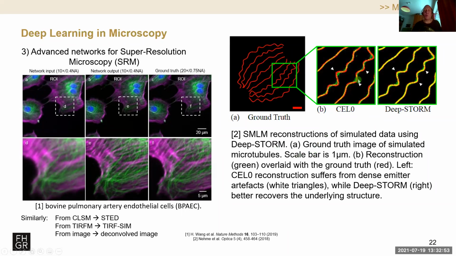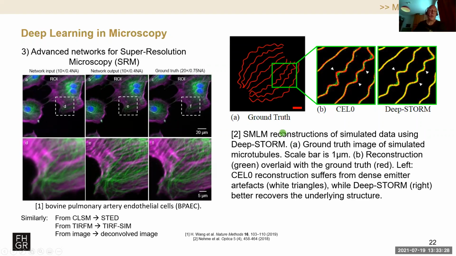Artifacts typically occur when fluorophores tend to overlap and generate an overlapping signal, which is assigned the wrong position in the reconstruction. And possibly using deep learning, such artifacts are countered, because the deep learning approach knows, or could potentially know, where the signal should be coming from.